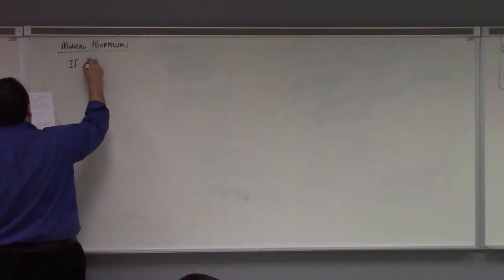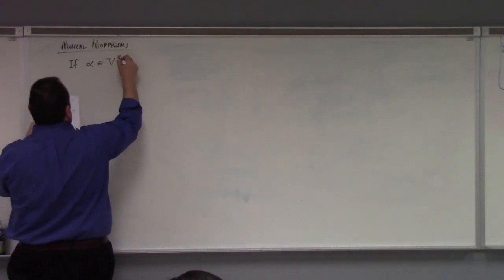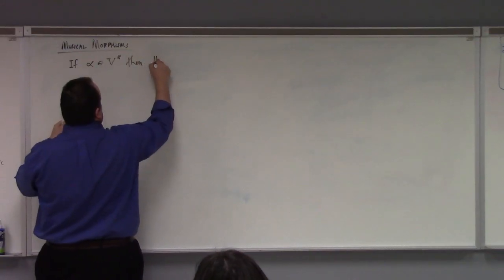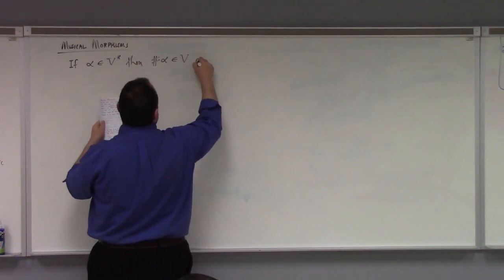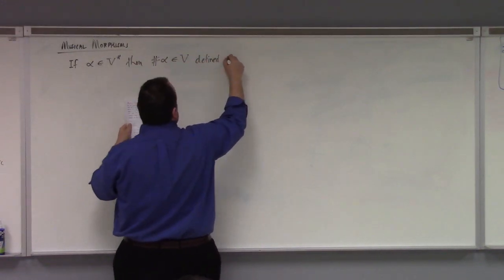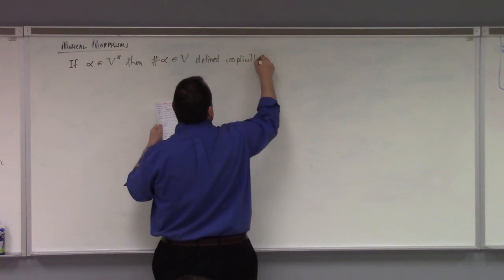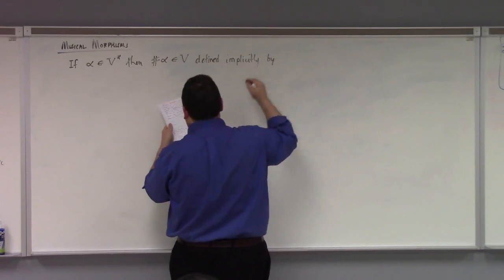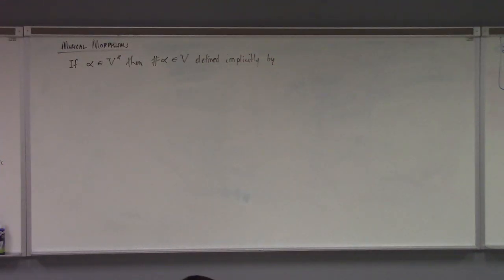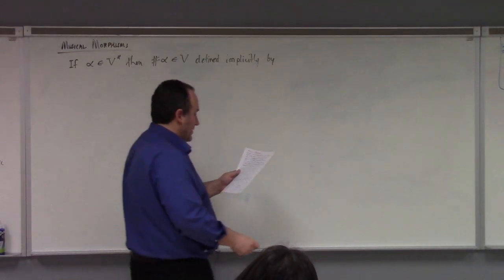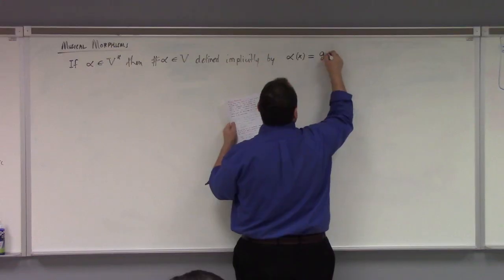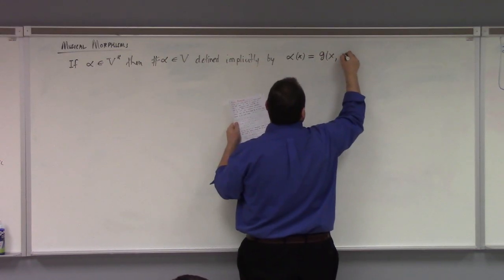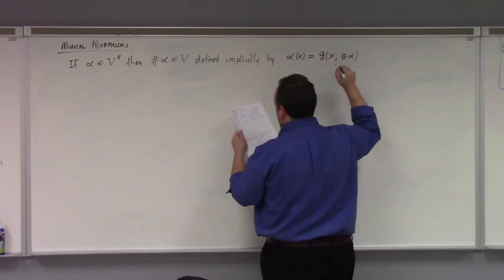If alpha is in the dual to V, then the sharp of alpha is a vector defined implicitly by alpha of x is equal to G of x comma sharp alpha for all x in V.